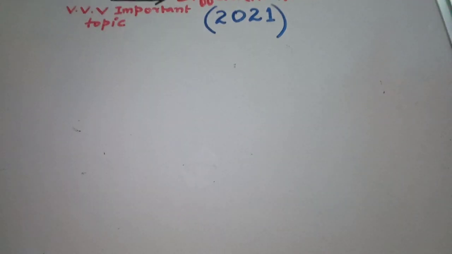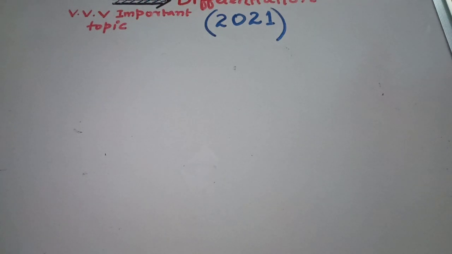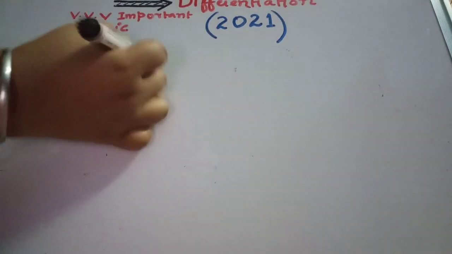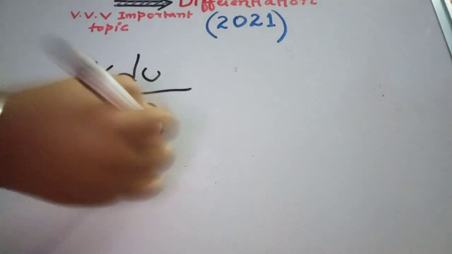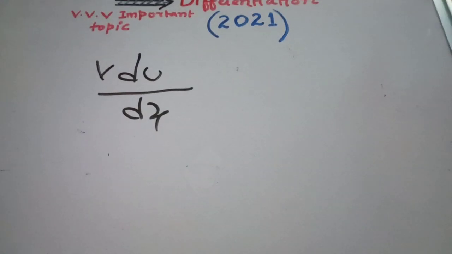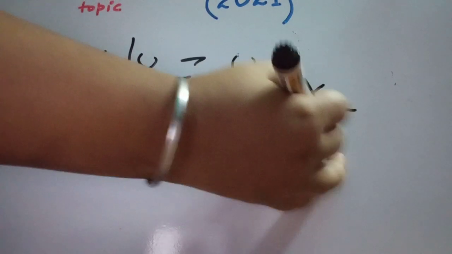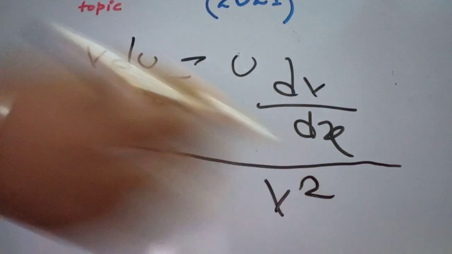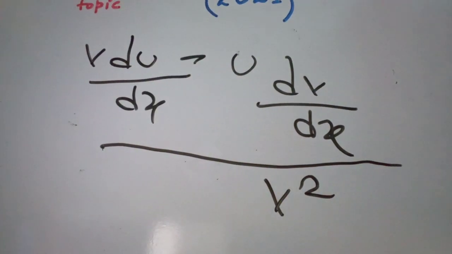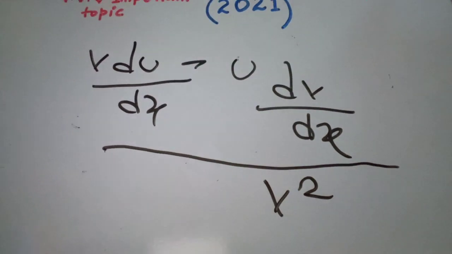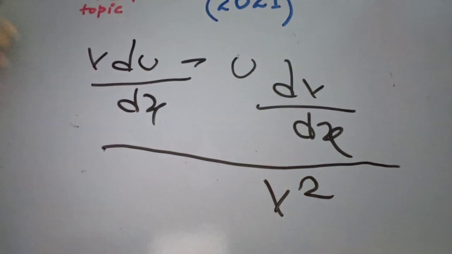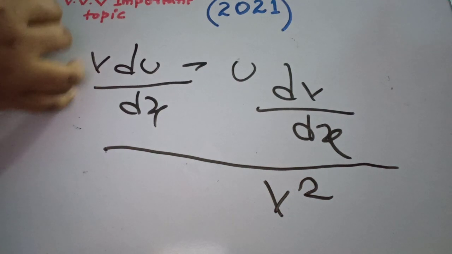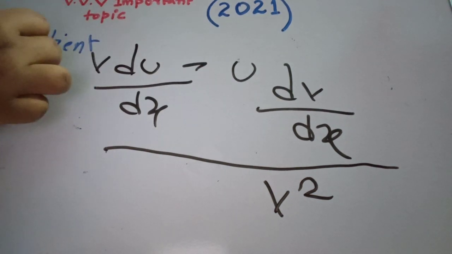Next we move to the quotient rule. Quotient rule means v du by dx minus u dv by dx, now whole divided by v square. Understood this? So this formula is known as the quotient rule.